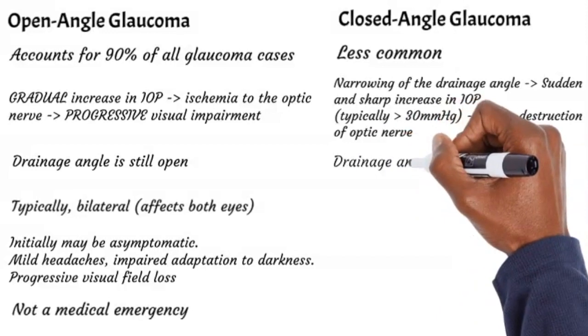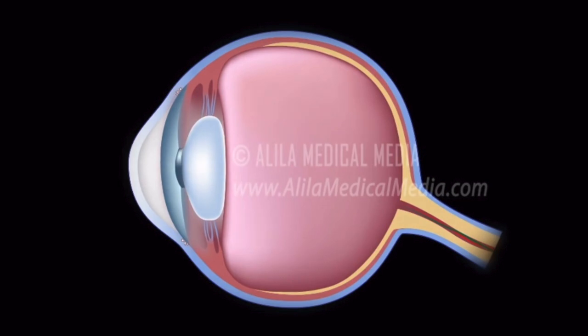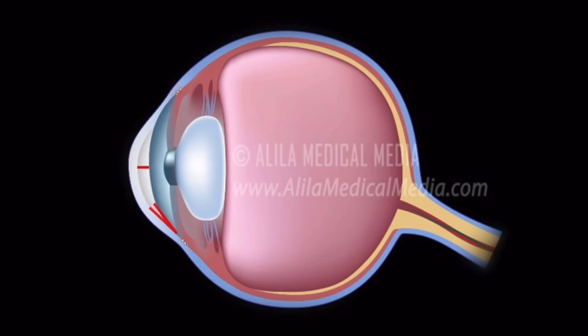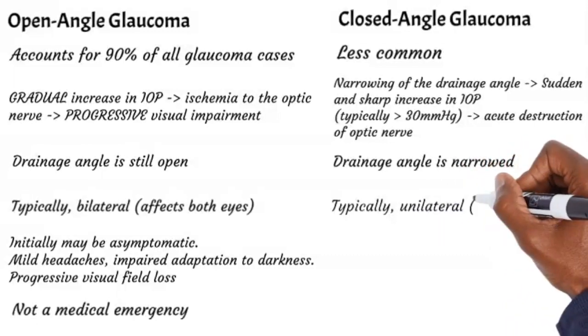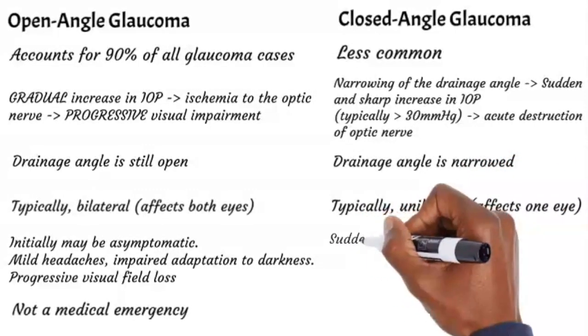The drainage angle in closed-angle glaucoma is also typically narrowed, and this could be primarily due to anatomical variants in individuals, or secondarily, it could be due to inflammation, trauma, enlargement of the lens, or anterior dislocation of the lens.